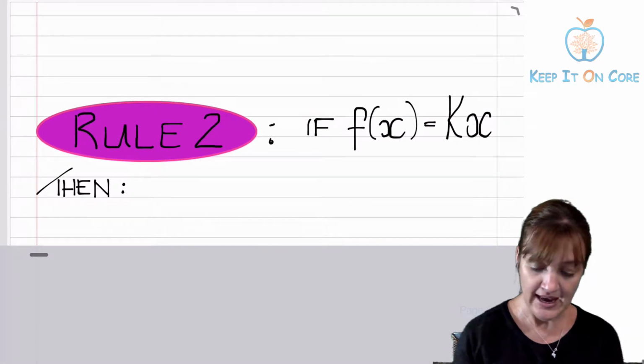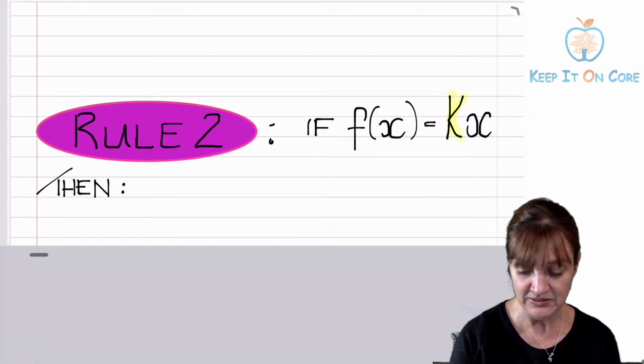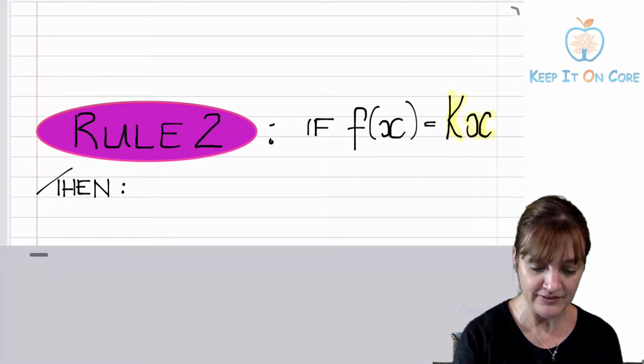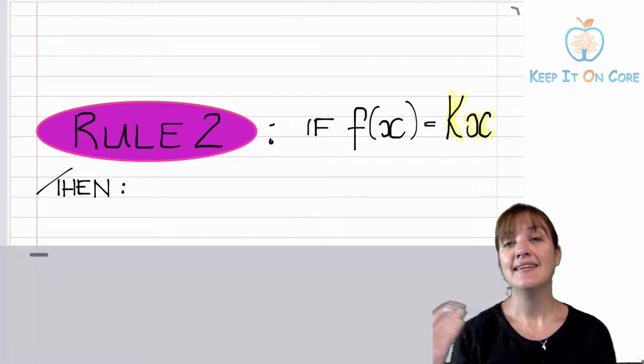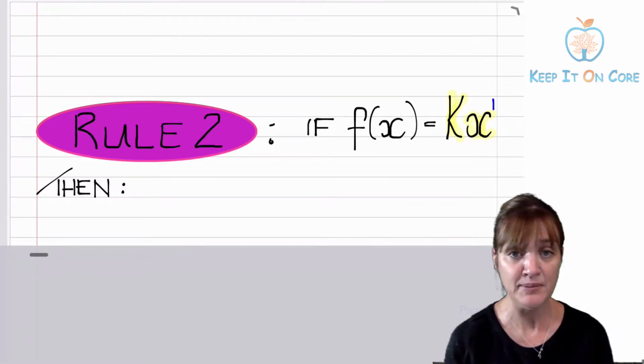If you have a function that looks like this, the only difference between rule 1 and rule 2 is that I've still got a coefficient of k, I've still got x, but there's no exponent sitting above x. Technically, there is an exponent, we just don't see it, and it's an invisible 1.